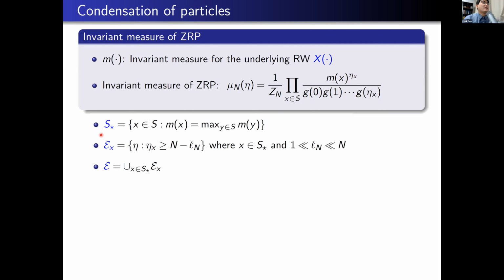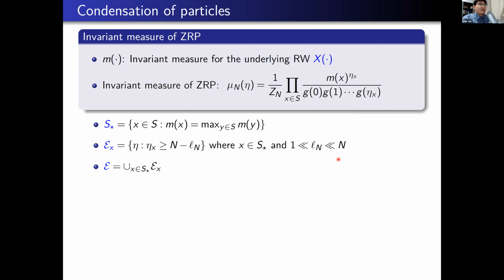Okay. Now I introduce three important notations which will be frequently used in the remaining part of our presentation. The set S star denotes the set of sites at which the maximum of this invariant measure is achieved. And E_x denotes the set of configurations such that the number of particles at site x exceeds n minus l_n, where l_n diverges to infinity but slower than n.